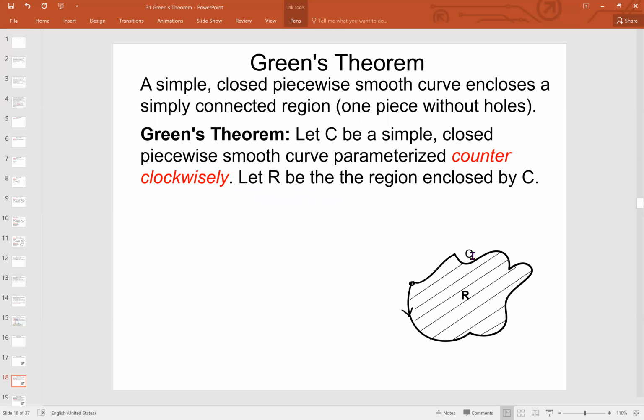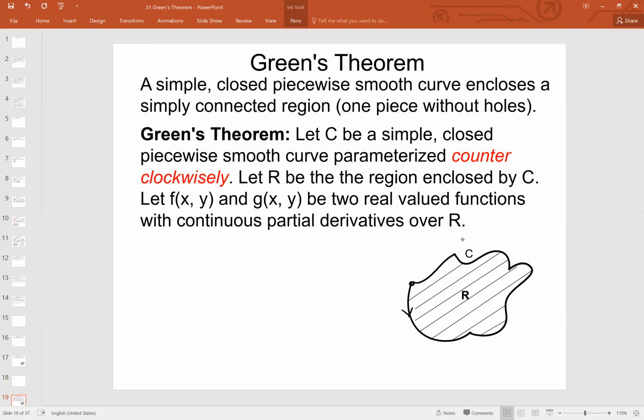Green's theorem says, suppose I have a vector field over the plane, and I want to compute the total amount of work done as a point goes around this boundary C. Think of f and g as the i and j components of the vector field.